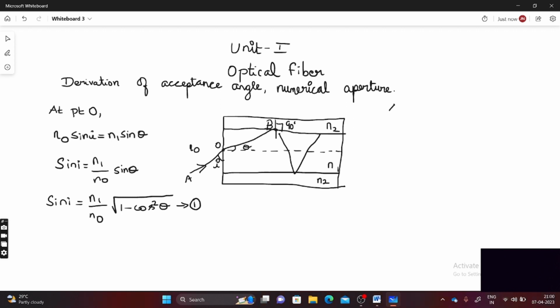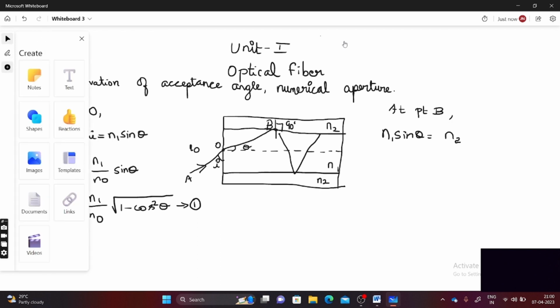Similarly, apply Snell's law at point B. So n1 sin 90 minus theta equals n2 sin 90 degrees. Why? Because this is the angle of incidence at this point.